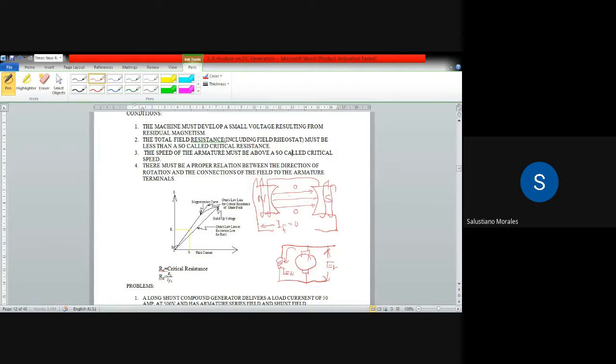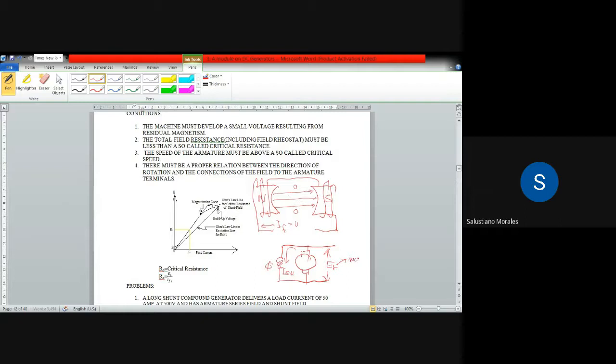That shunt field current will increase now the flux produced by the magnet. So it will align further the magnetic particles and cause now to increase the flux produced by the coil. That increase of flux will again be cut by the conductors in the armature winding. That increases now the generated voltage from the residual voltage.